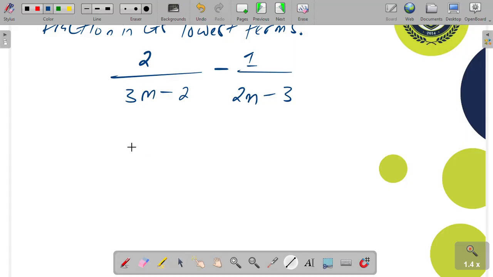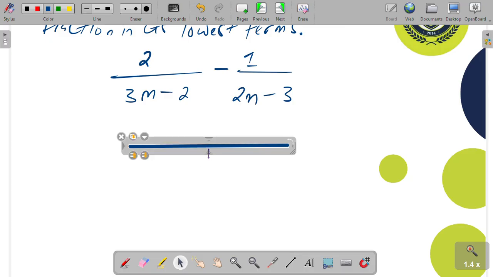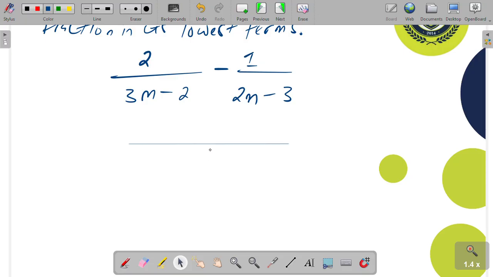Let me do this again. I think this is better. Right, so we're going to write equals. Now we're going to make the same denominator.